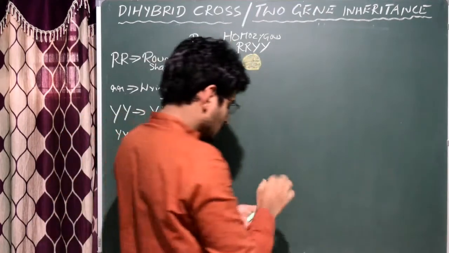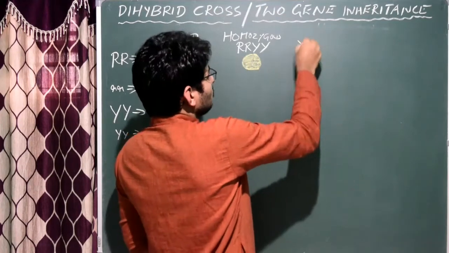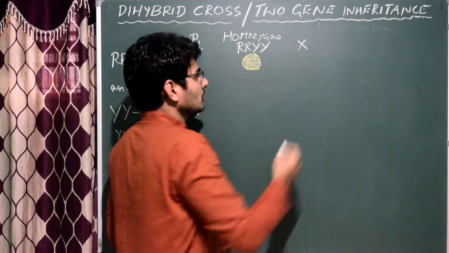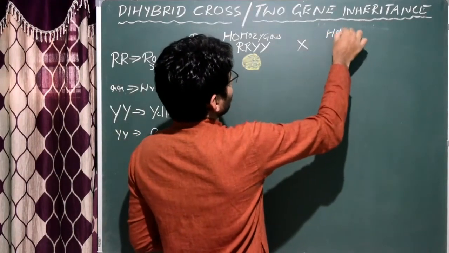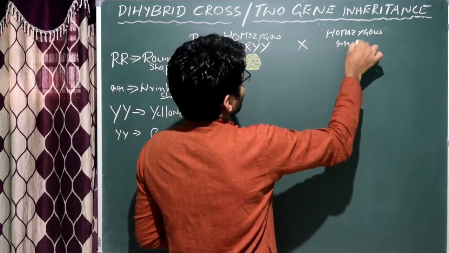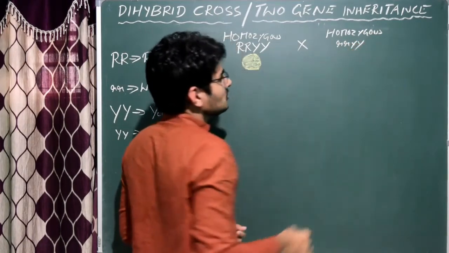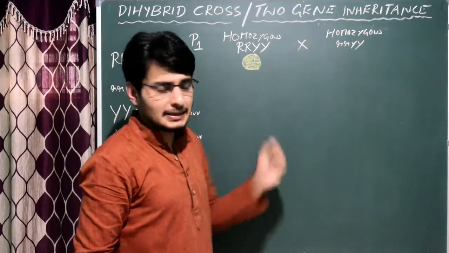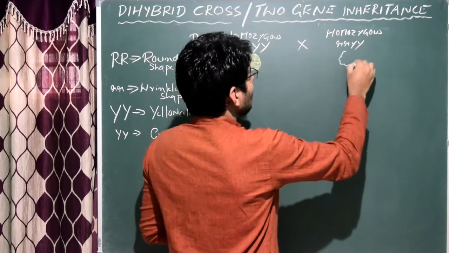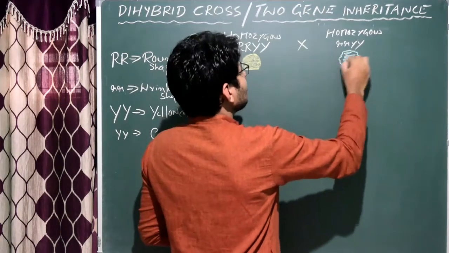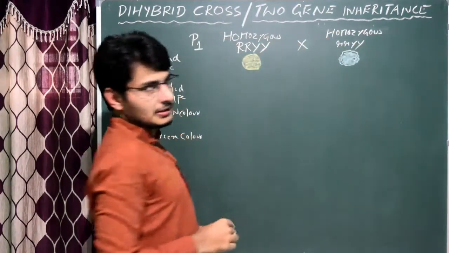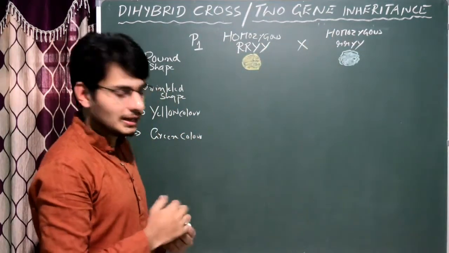That is one plant; you can take it as the male or female plant, whatever you like. The other is homozygous small r small r, small y small y, that is a wrinkled green seed, which is recessive. The first is dominant. Both are homozygous, both are pure line plants.